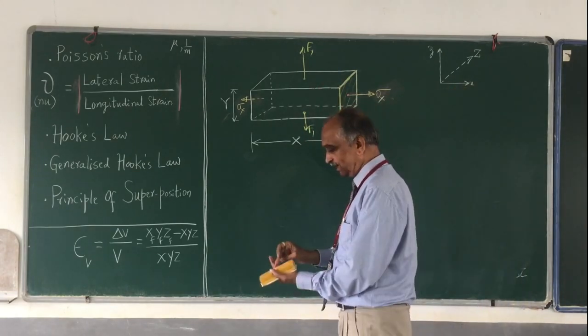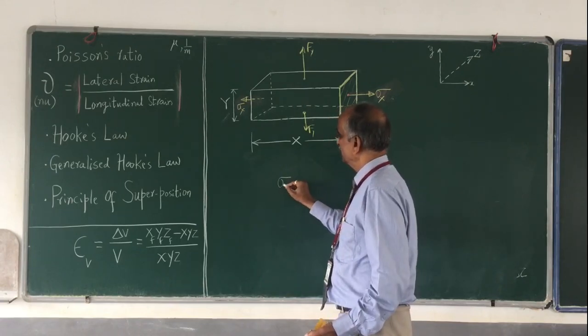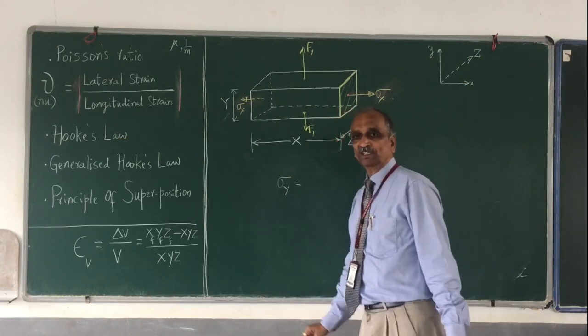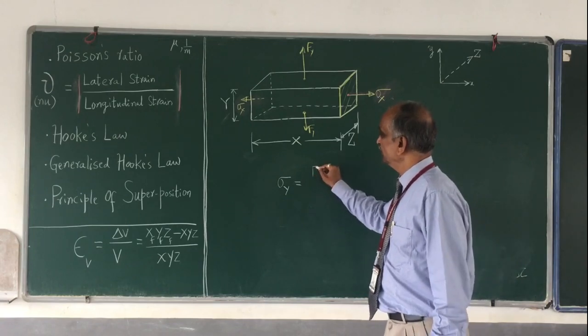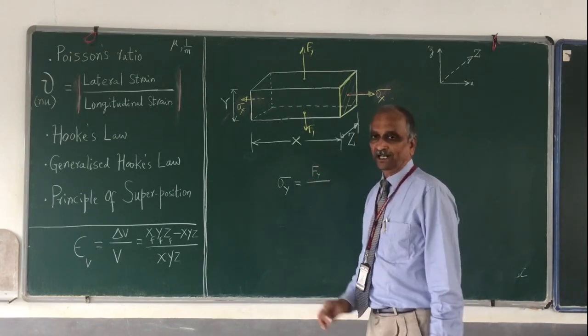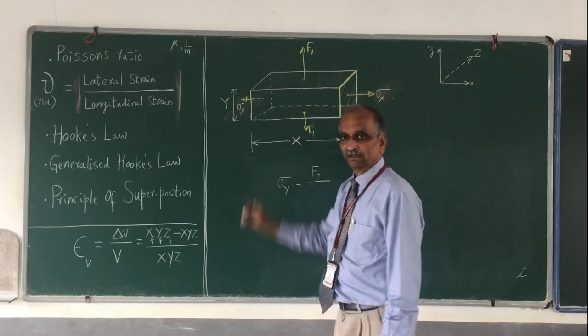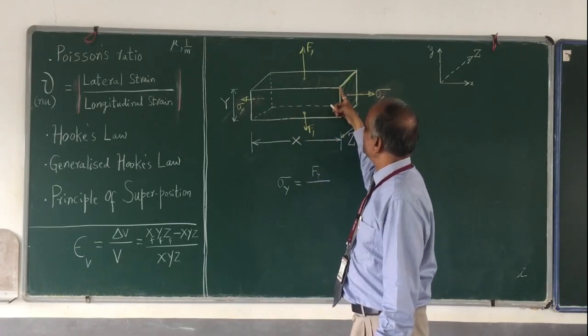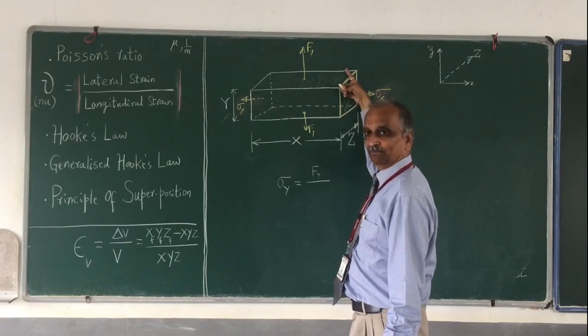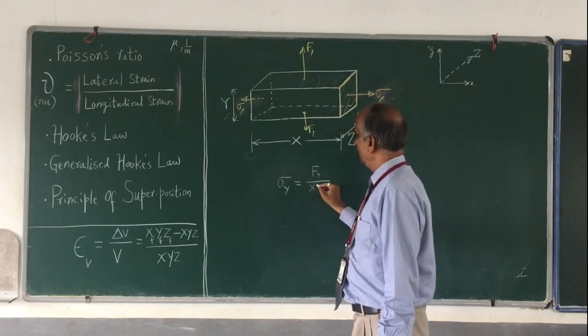But I want sigma y. How do you calculate the stress in the y direction? That is nothing but Fy divided by the area. What is this area? That is this entire area, this dimension and this dimension. That is Fy divided by xz.